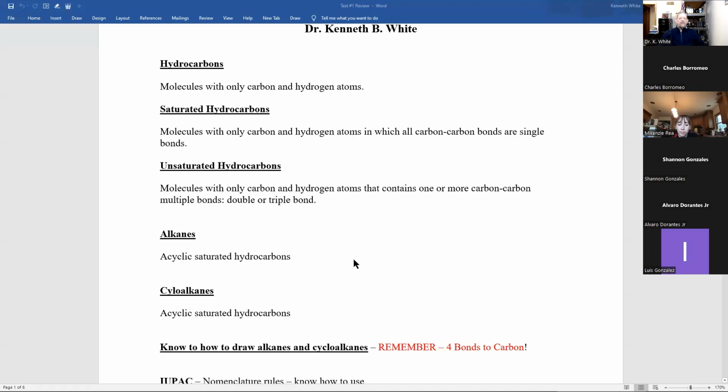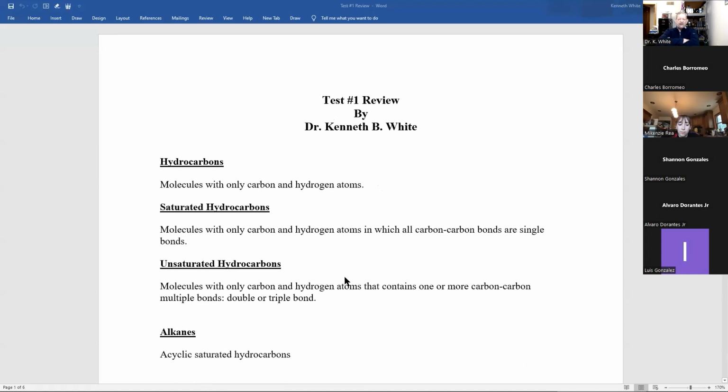All right, there are some definitions I asked you to learn for test 1. You should know what a hydrocarbon is, a molecule with only carbon and hydrogen atoms. I asked you to learn what a saturated hydrocarbon is: a hydrocarbon with only carbon and hydrogen atoms in which, and this is important, all carbon-carbon bonds are single bonds.